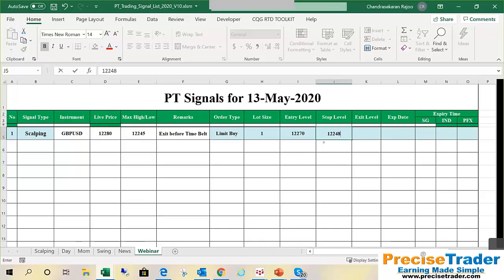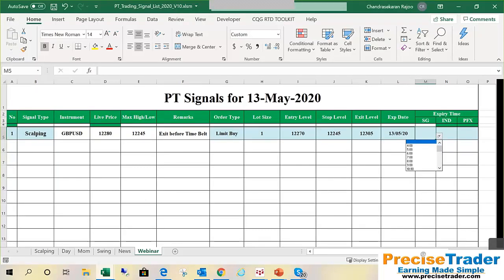So I put 48, or even you can put 45. No harm. Then exit, I want to exit definitely before 123.20 or 30. So probably I may want to exit at 123. And this trade expiry is before the time belt, that means before 5 o'clock. Okay, so this is my trade.